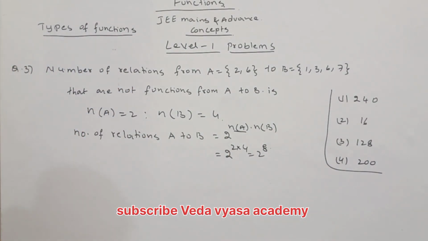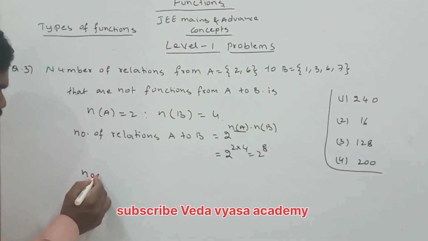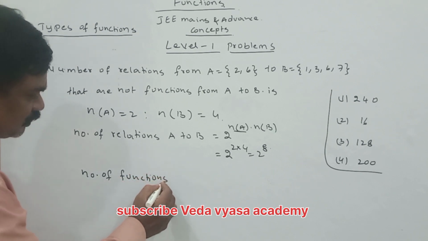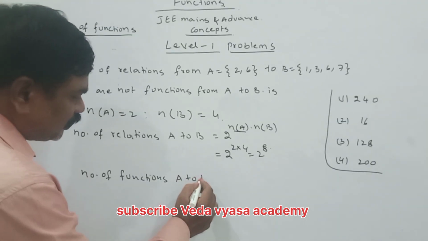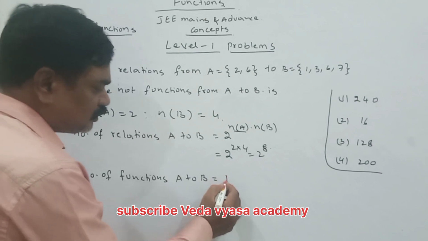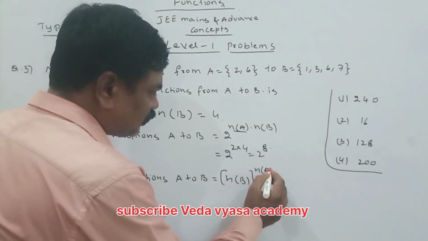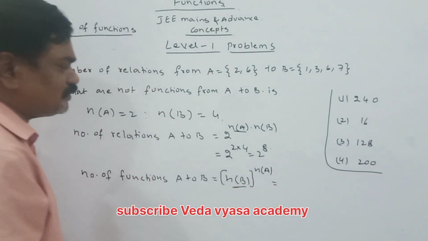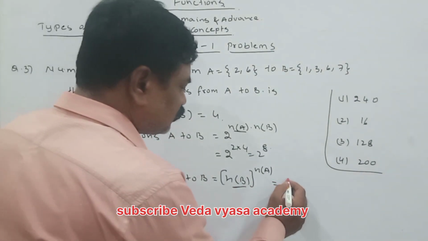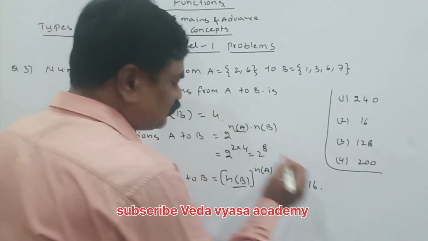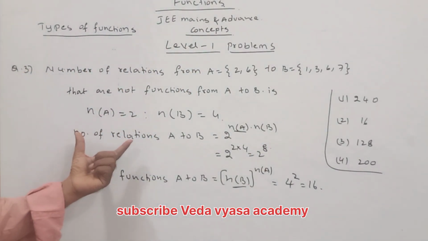Now what is the number of functions from A to B? It is number of B power number of A, where the number of B is 4, so 4 power 2, which is 16.